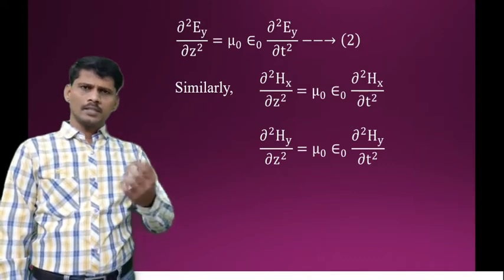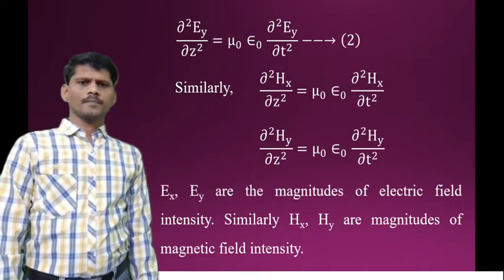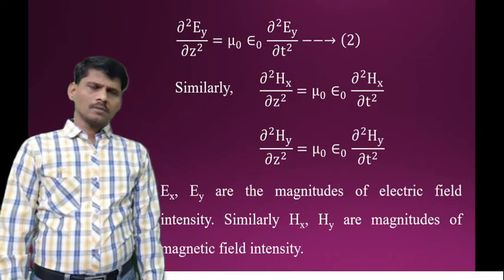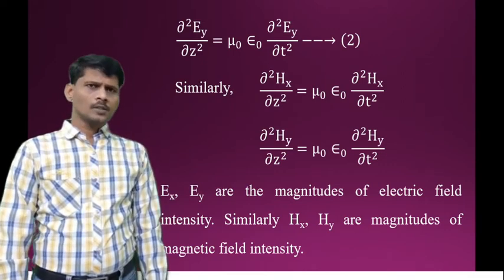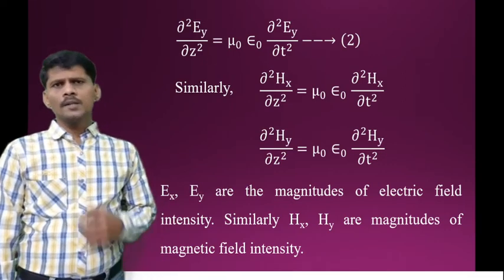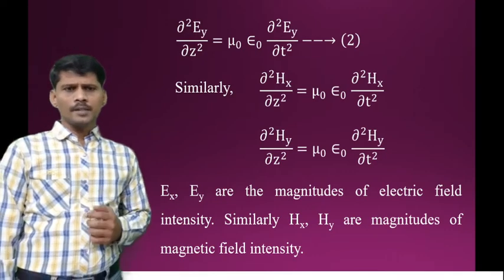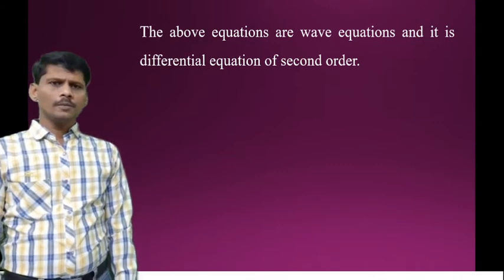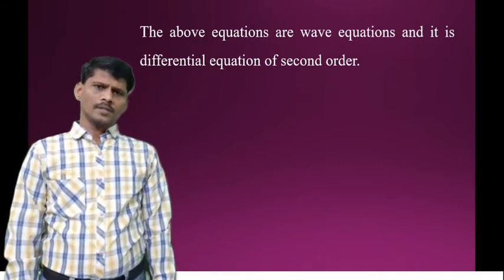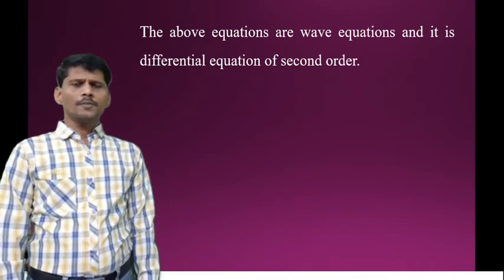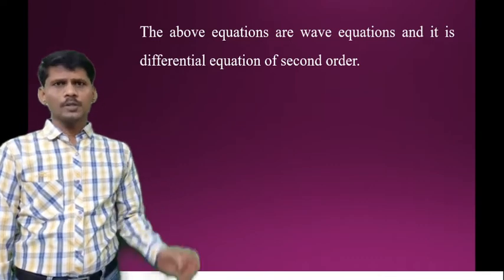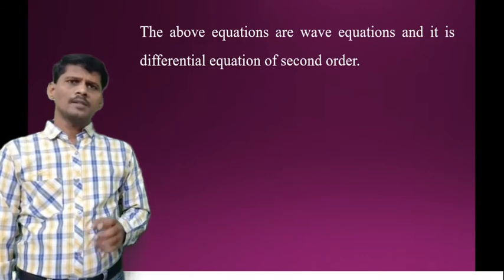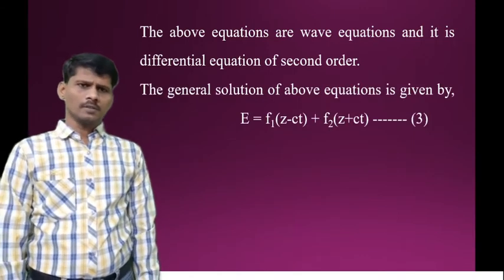Here Ex, Ey, Hx, Hy are the magnitudes of the electric and magnetic field intensities. The above equations are the wave equations, which are second order differential equations.